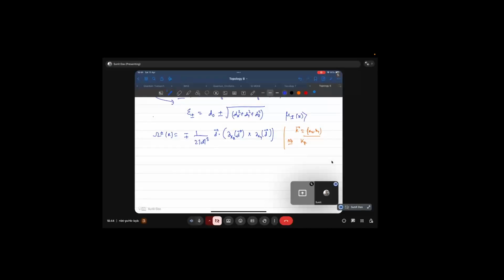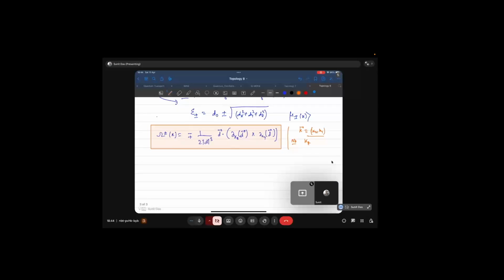So this is the general Berry curvature expression for any 2 by 2 Hamiltonian in 2D.